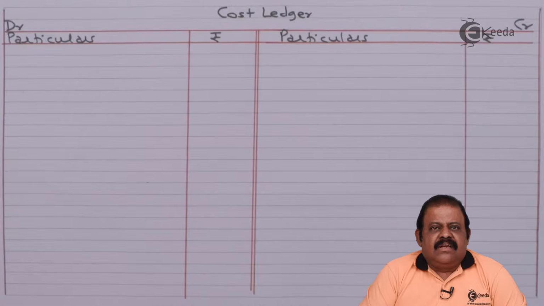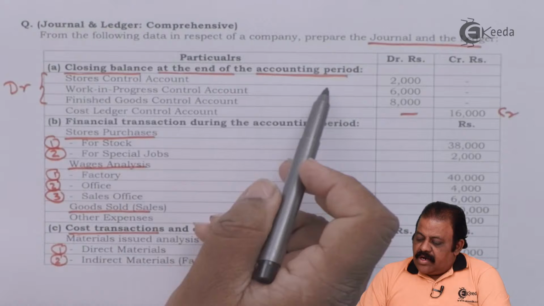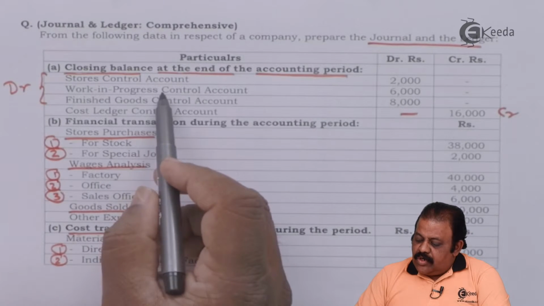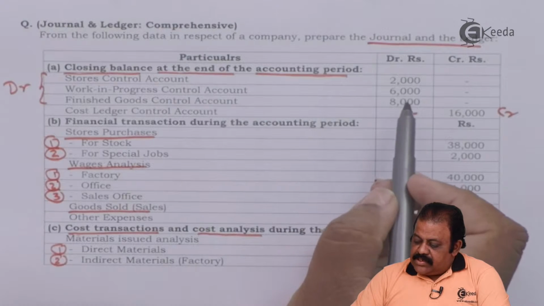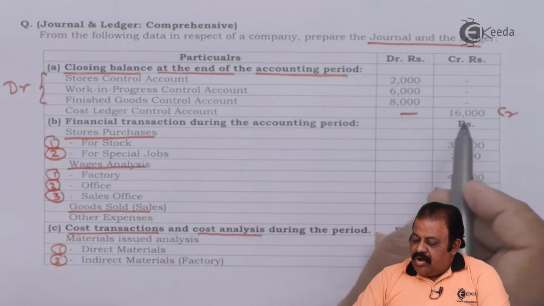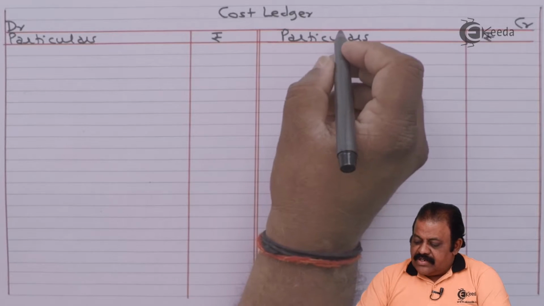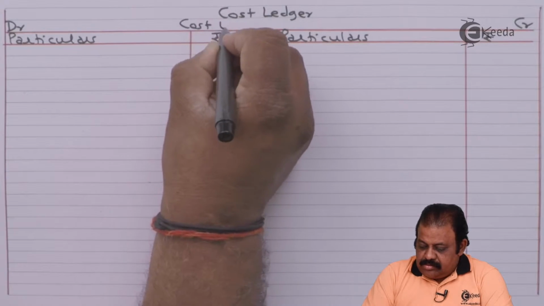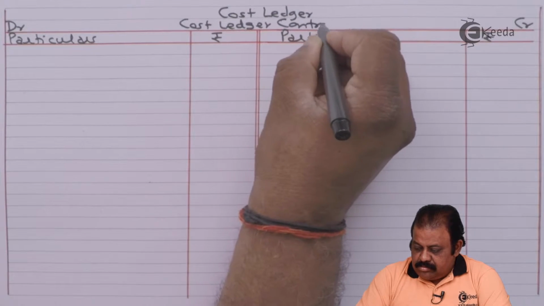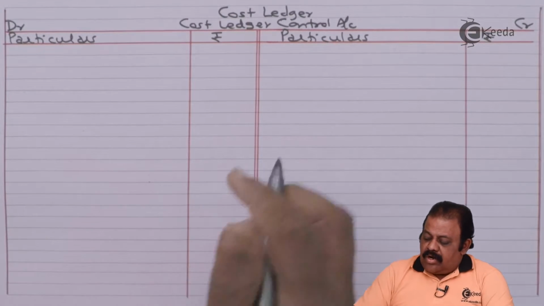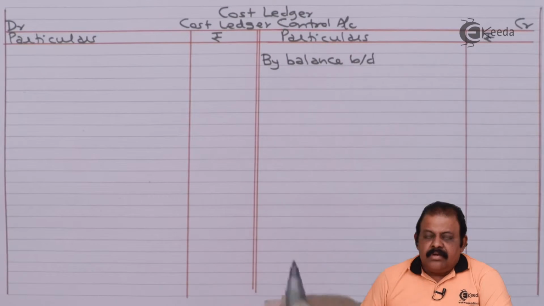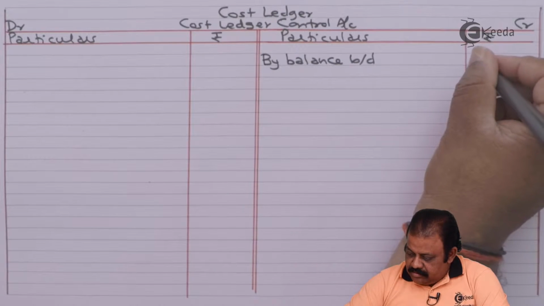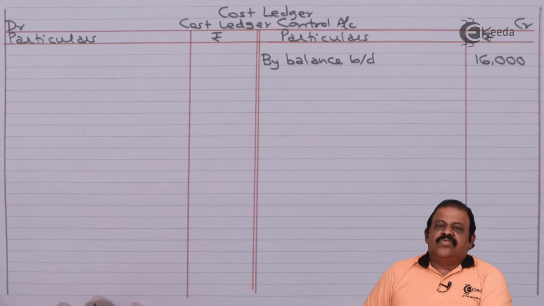We have prepared all necessary ledger accounts. Let us start doing postings. Closing balance at the end of the accounting period: stores control account 2000, work in progress 6000, finished goods 8000, cost ledger 16,000. So in the cost ledger control account, credit side, by balance brought down 16,000.